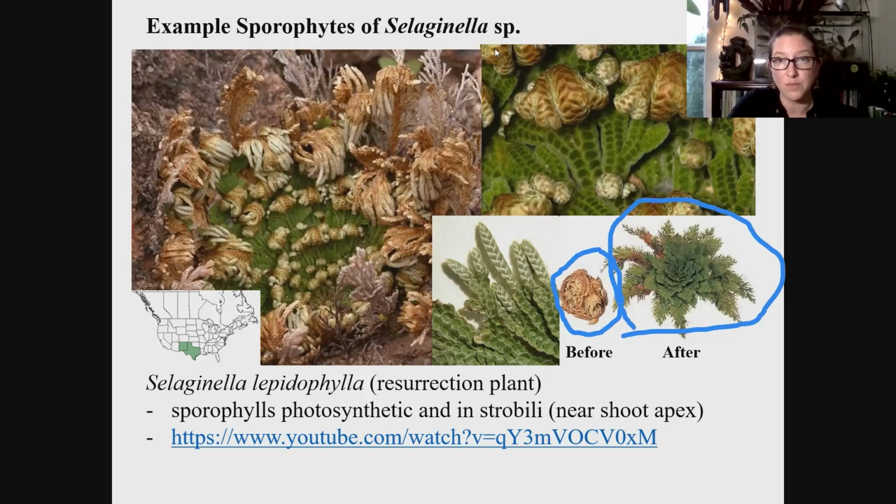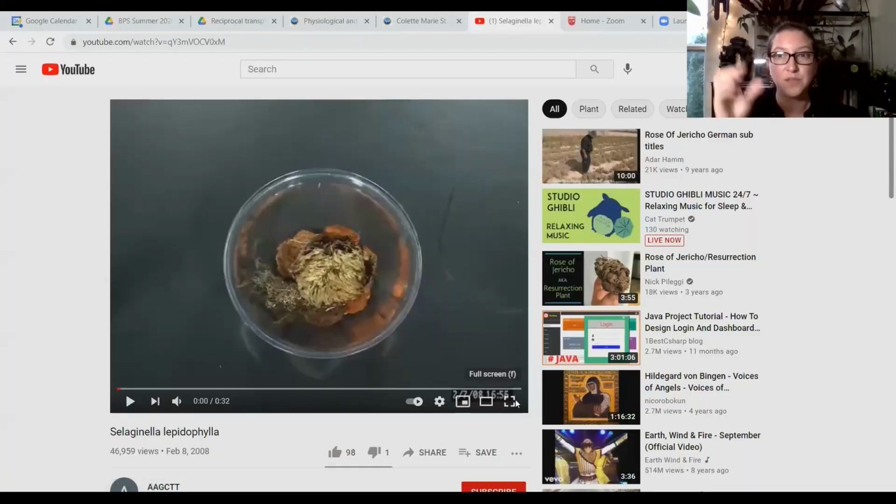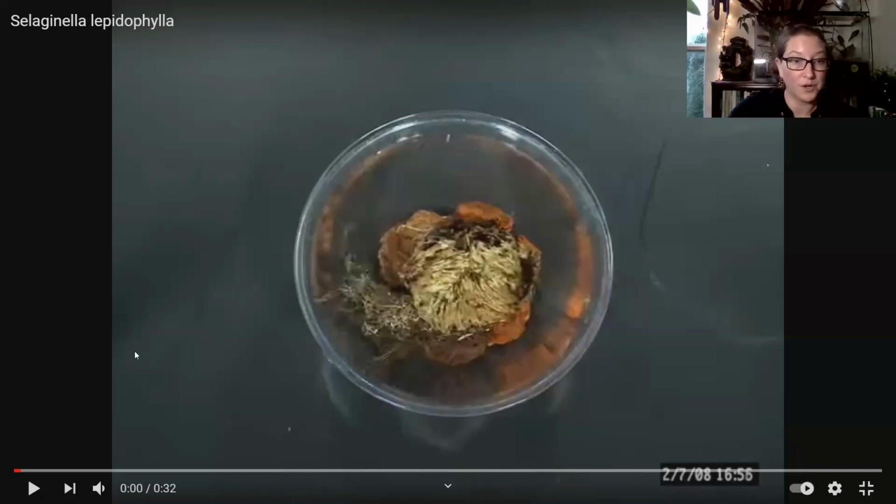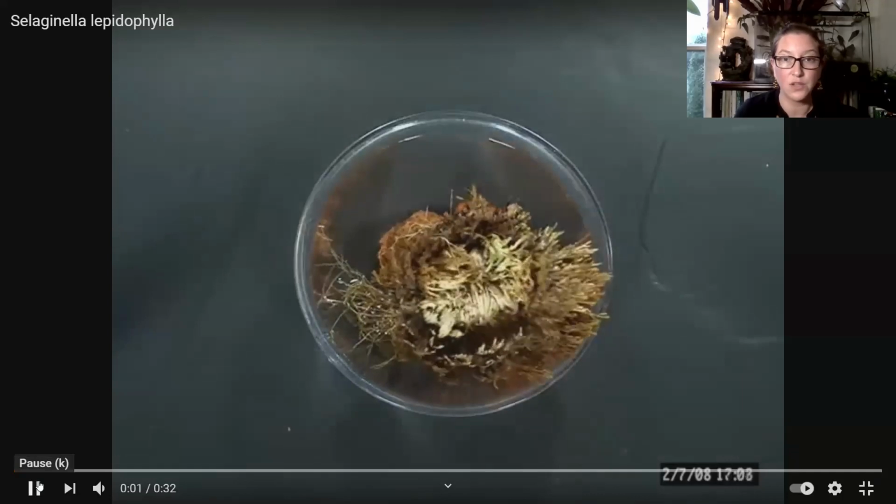And so of course, because this is just too cool, I have a video of that right here, which I'll share, and I'll make it big. So this is one of those Selaginella plants that's been all dried up. And so somebody basically just took it and put it in a bowl of water. So watch what happens. Look at this.